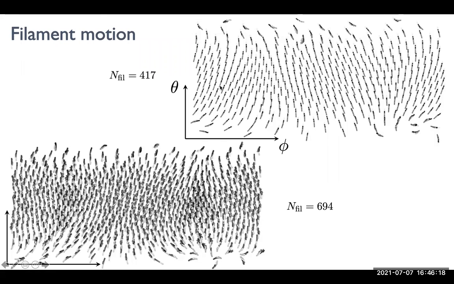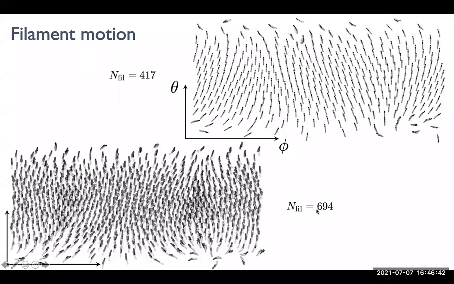If your beating is planar, what you would just see are lines, and this is what we have in our lower density case away from the defects. But if you get a blob or something that's not a line, as you see towards the pole, then you're getting some altered filament motion.